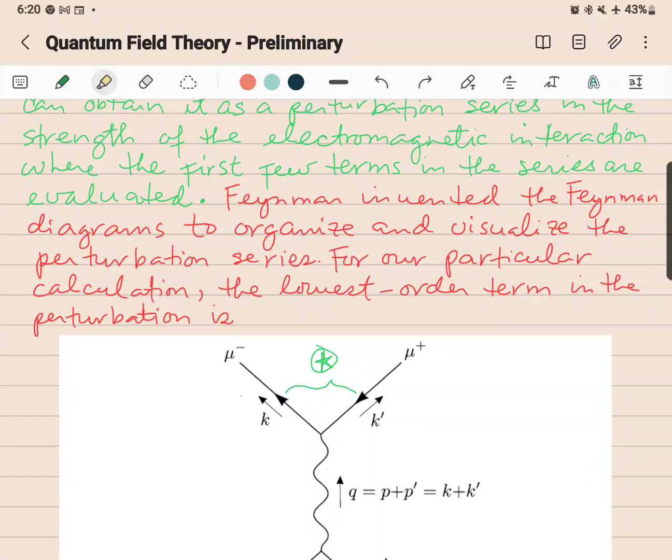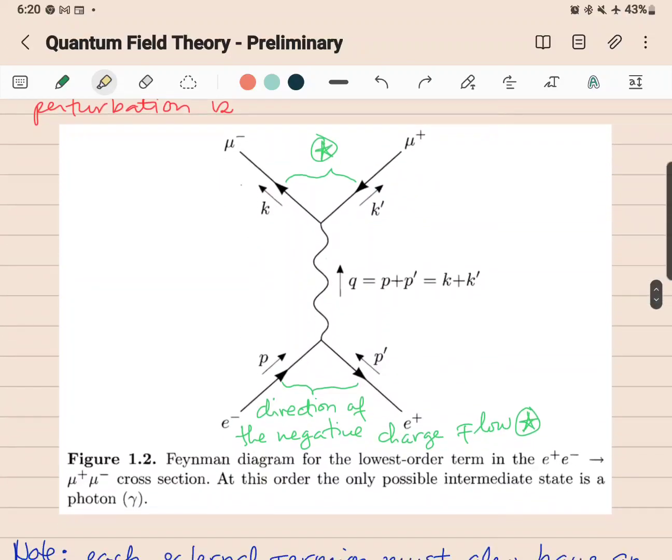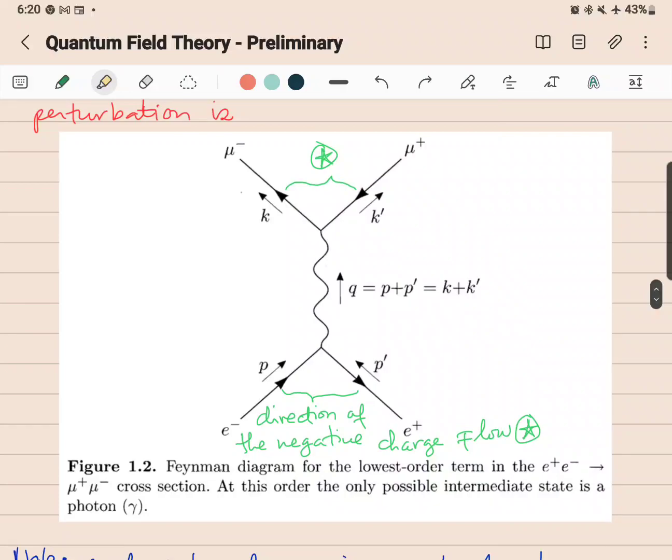And for the particular calculation that we are considering here, the lowest order term in the perturbation is this one. You have the e-minus, or the electron, coming here, and of course you have a positron also coming here. The arrow here is just telling you that it's in the inverse of time.